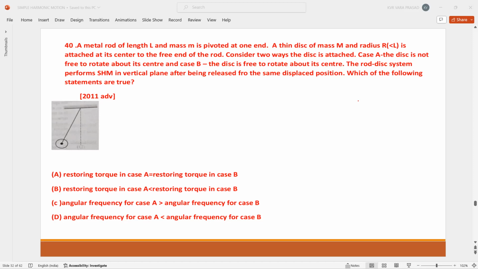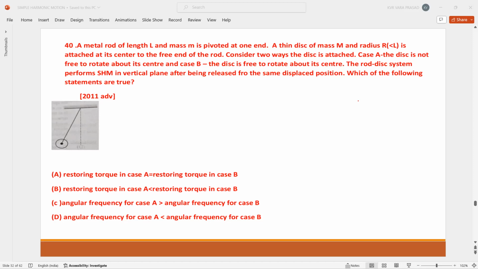Case A, the disk is not free to rotate about its center, and case B, disk is free to rotate about its center. The rod-disk system performs SHM in vertical plane after being released from the same displaced position. Which of the following statements are true?